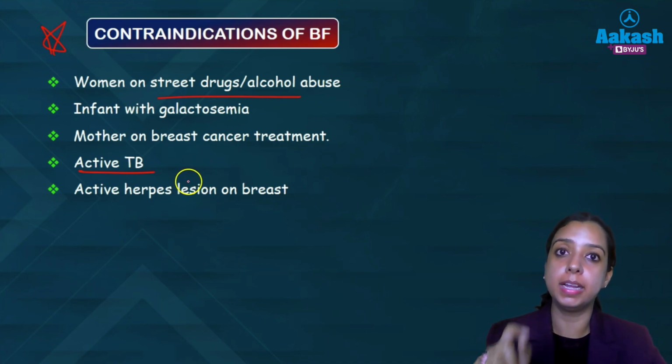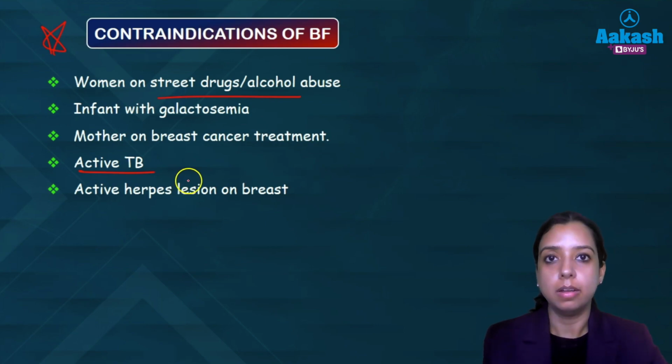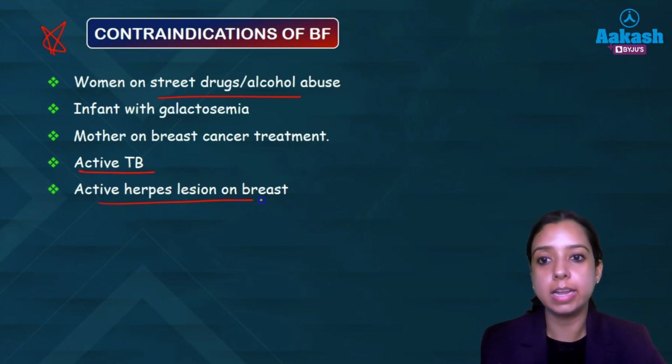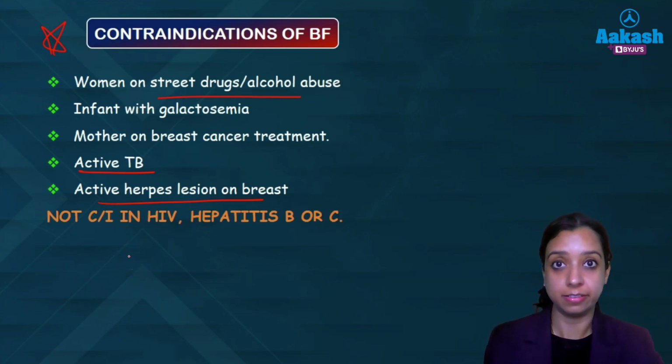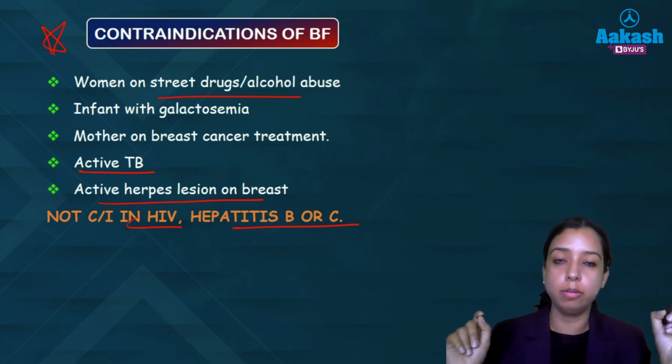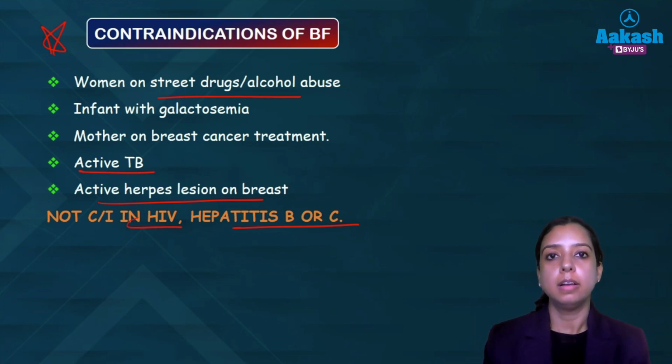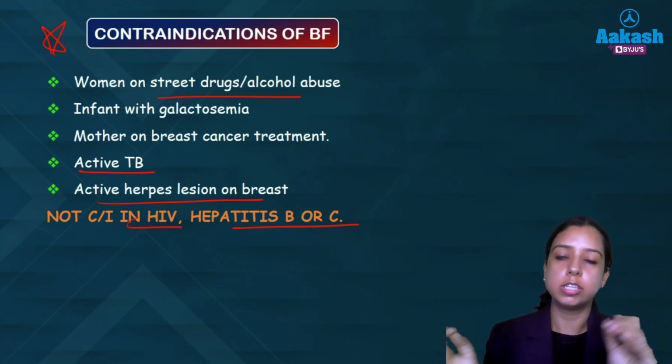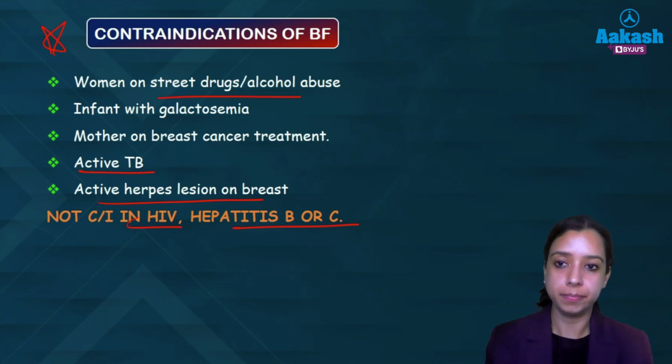Herpes infection with herpetic lesion on the nipple or the breast is a contraindication for breastfeeding. So remember these 5. Okay, HIV, hepatitis B, hepatitis C are not a contraindication for breastfeeding. You can feed your infant even if you are HIV positive or hepatitis B positive or C positive. It's not a contraindication.